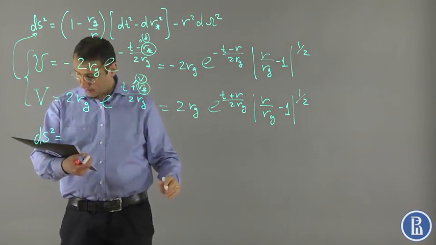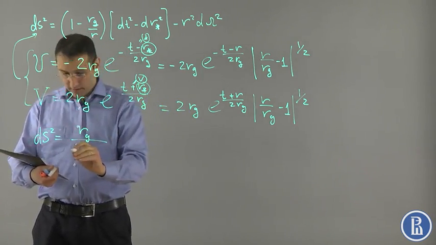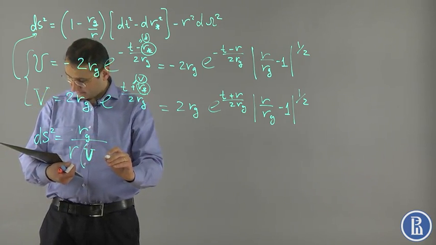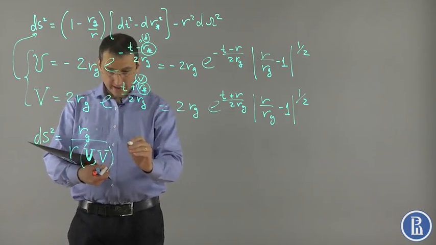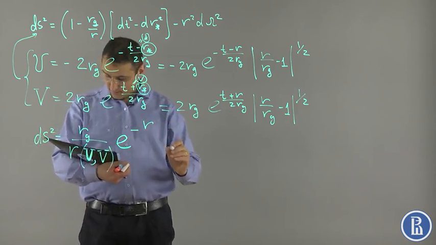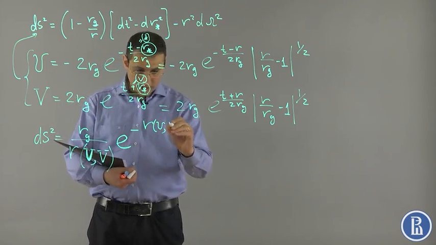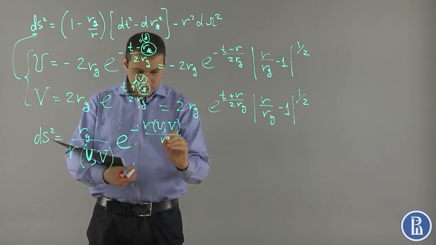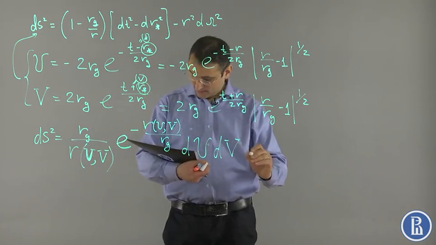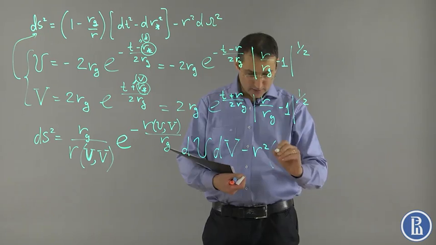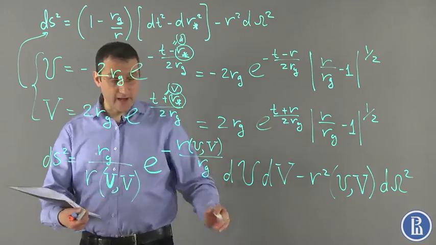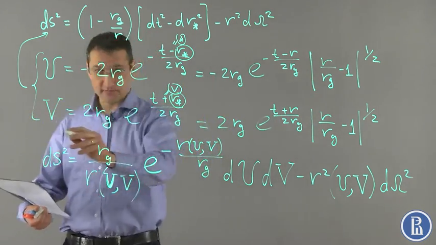ds squared is equal to rg divided by r, which is an implicit function of U and V, times exponent of minus r, the implicit function r of U and V, divided by rg, times dU times dV, minus r squared of U and V times d omega squared, where this function can be found from these expressions.